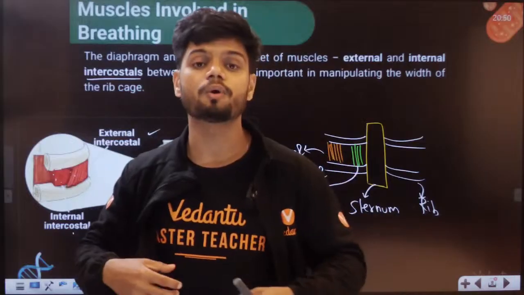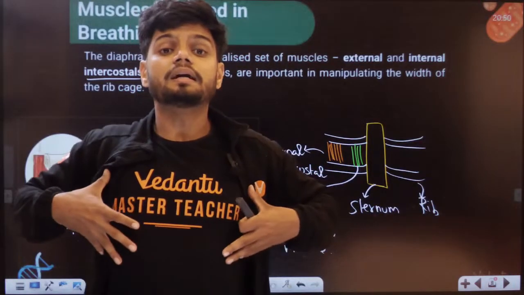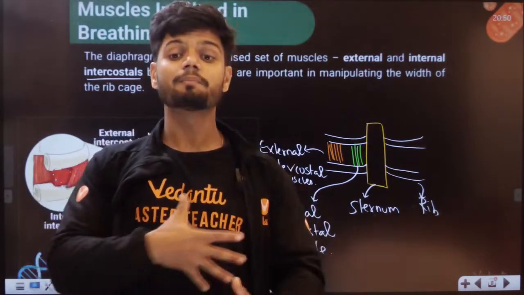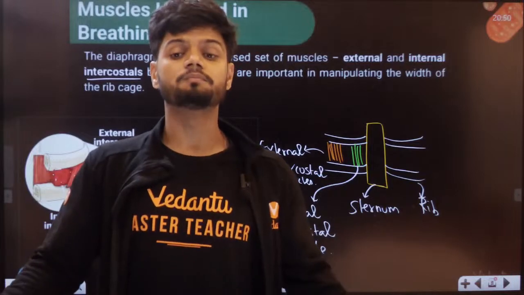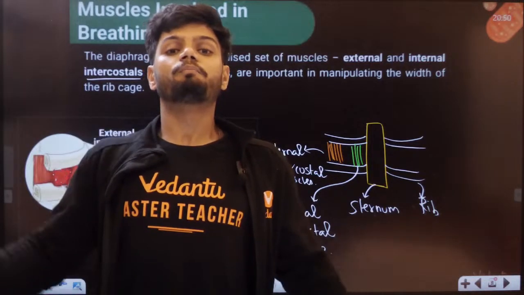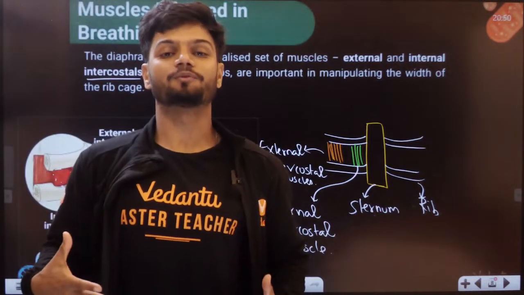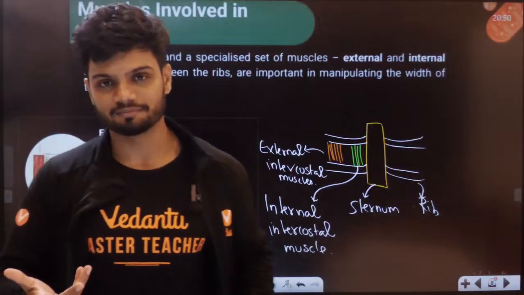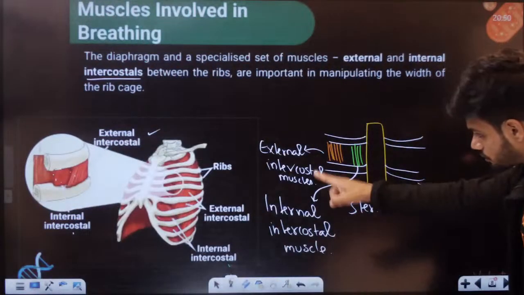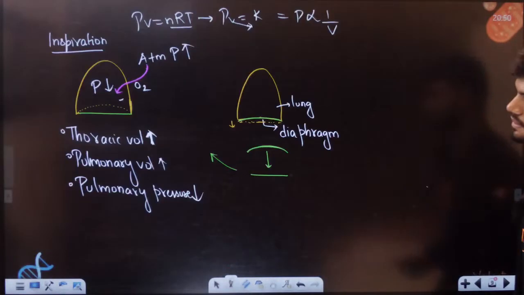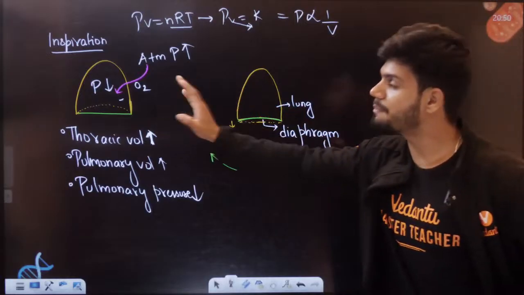These muscles also help in increasing the thoracic volume. So thoracic volume is increasing because of these muscles also. So that is what is happening in inspiration.